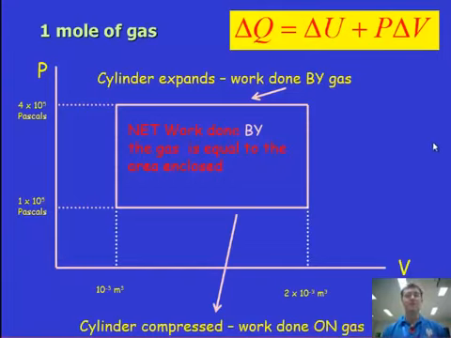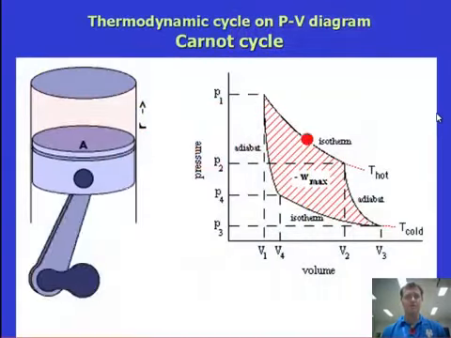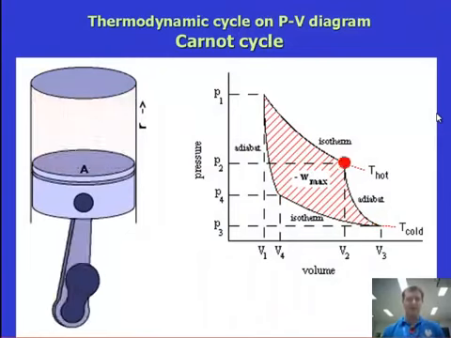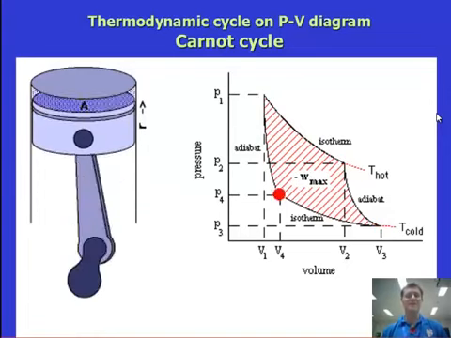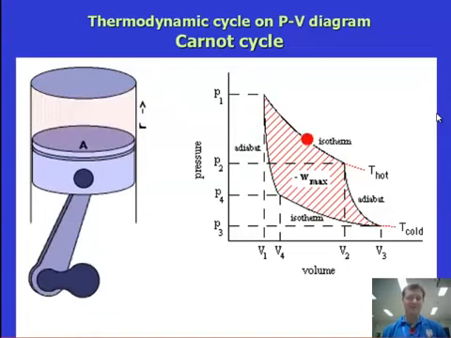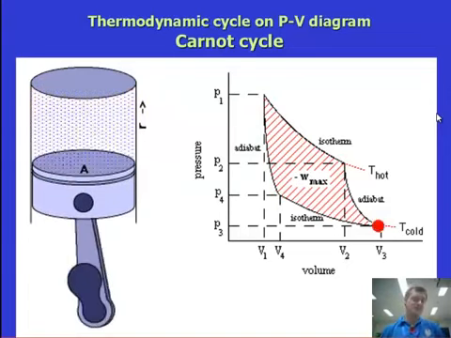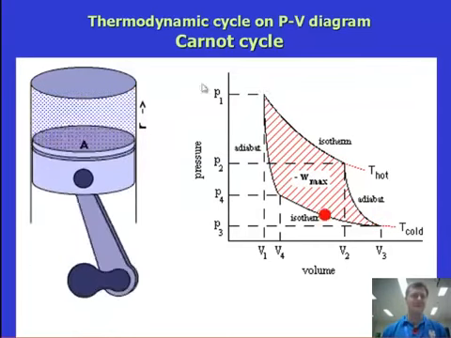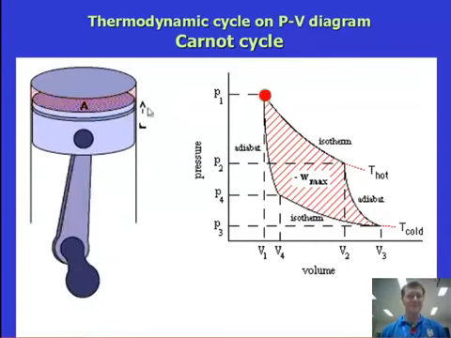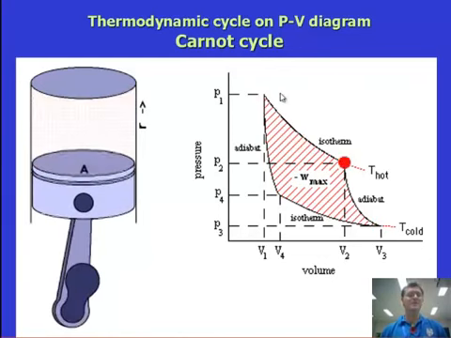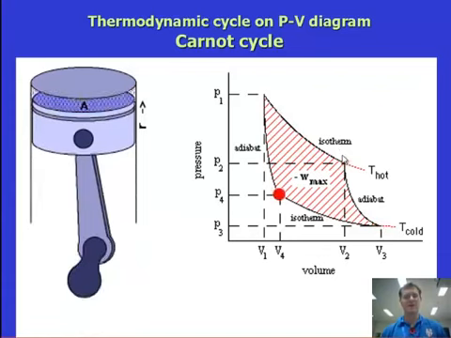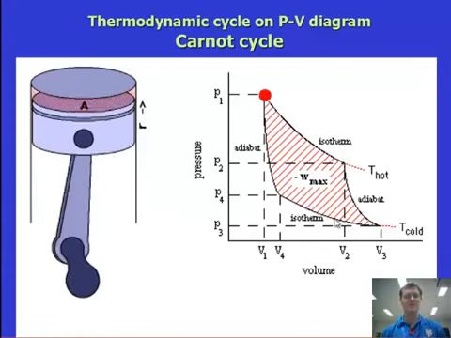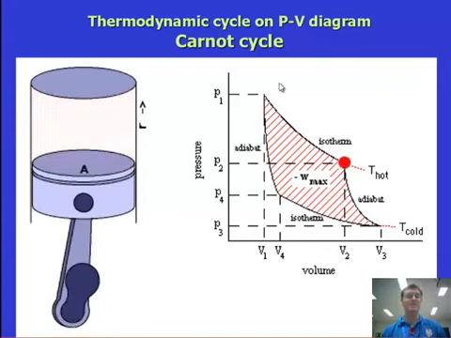Now, the real world is a little bit more complicated than that, so let me take you through a real world situation. It's very, very difficult to maintain a constant pressure change. So in a piston, imagine we're going through a cycle, and I'm going to talk about this cycle in more detail, but as we can see we have isothermal changes and adiabatic changes, and then isothermal compressions and adiabatic compressions.